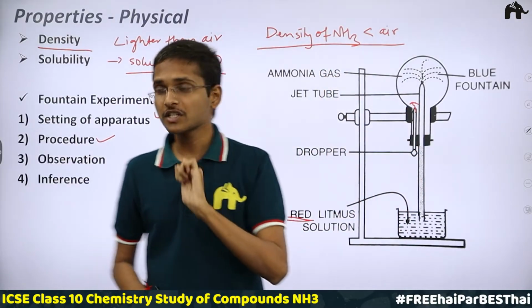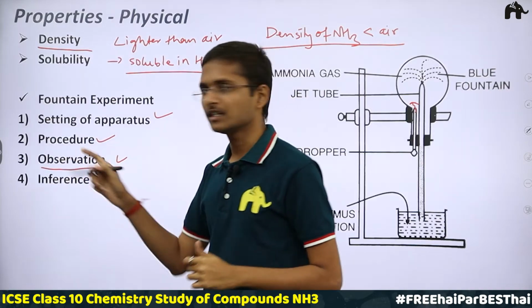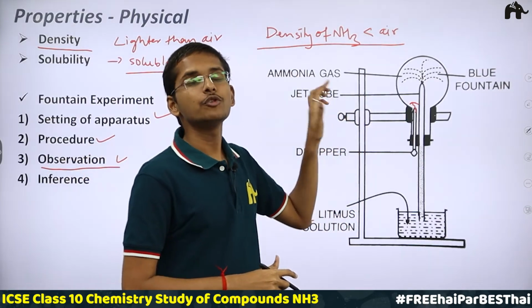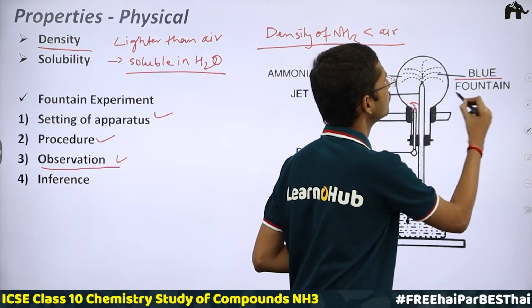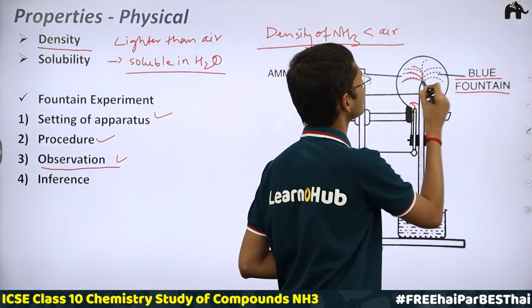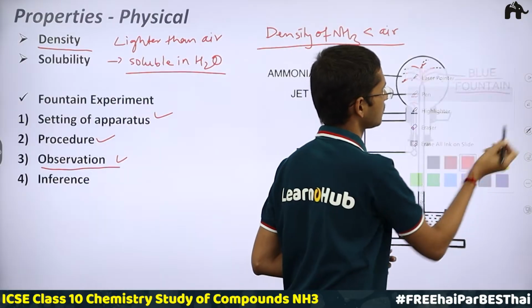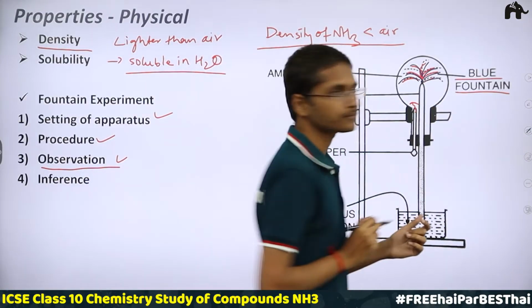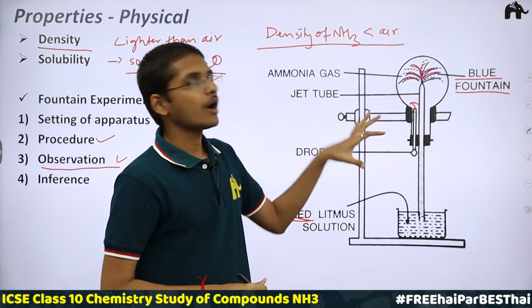The observation is that you would observe a fountain, but now it would be blue in color. A blue colored fountain you would observe inside the flask, like this. Clear?